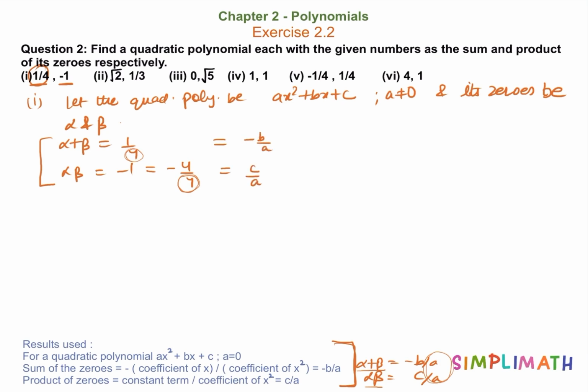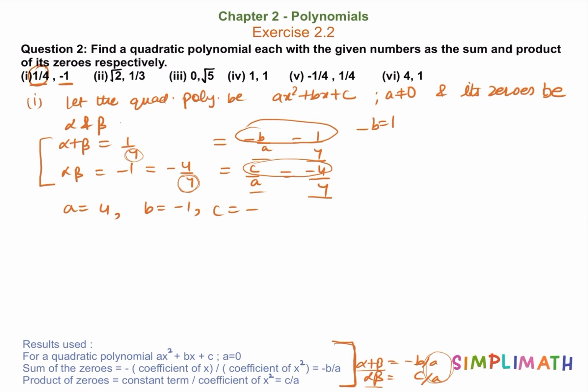Now in both the cases, if you see, a is equal to 4, right? So I can say a is equal to 4. Now minus b is equal to 1, so b equals minus 1 and c equals minus 4. So one of the quadratic polynomials that fits the given conditions is, we assumed the quadratic polynomial to be ax square plus bx plus c.